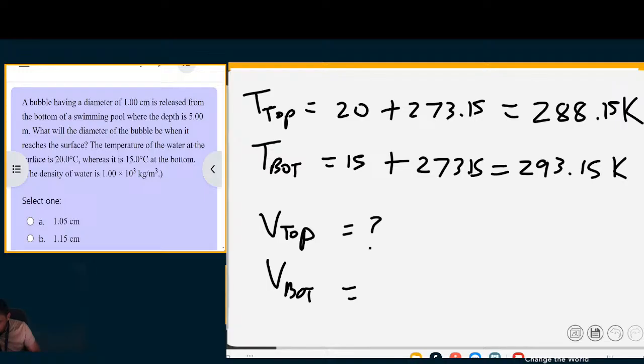Now I've already solved for the diameters and stuff like that. So the volume of a sphere is 4 over 3 pi, and the diameter over 2, cubed.